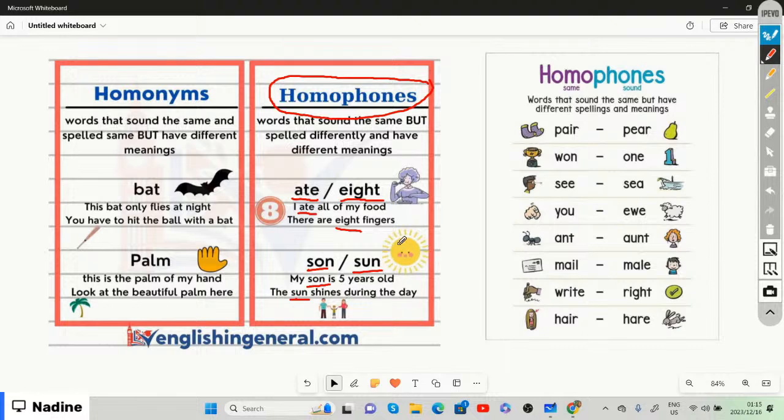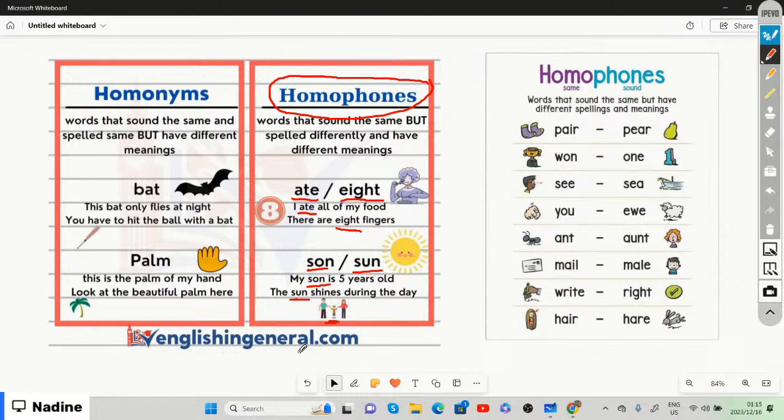And then we have two pictures, the picture of the sun that shines all day or during the day. And here in the middle, we have the son, right? The son is the boy child of the parents. So son and sun. So those are homophones.